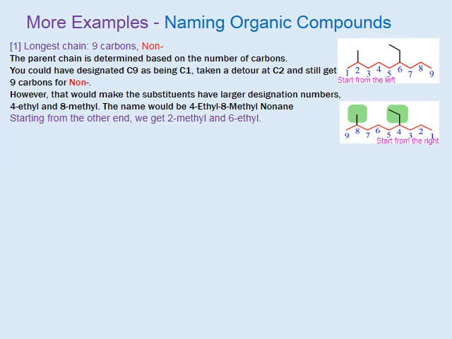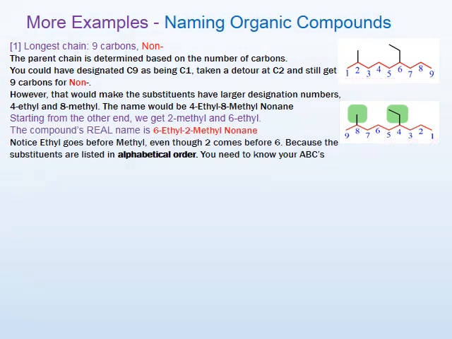If we start from the left, the substituents have designation numbers 2 and 6. The main rule to follow here is that as many substituents as possible must have the lowest possible designation number. The lowest possible designation number is obtained by starting from the left. Starting from the other end we would get 4-ethyl and 8-methyl, which is incorrect.